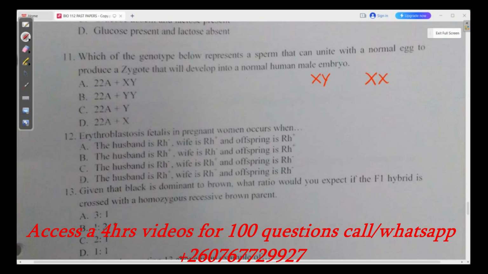So we know that the first 22 pairs of chromosomes are known as autosomal chromosomes. So we're going to say you have 22 autosomal chromosomes. Then to complete, because you know that each and every human being has got 23 pairs of chromosomes, 22 of those are what? Autosomal chromosomes.